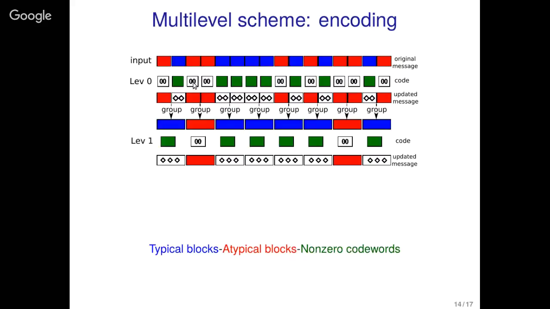And then you basically repeat the same procedure. If this block is atypical, then you store a zero code word. If this is typical, then you place a marker for this entire super block to indicate that this has been compressed.